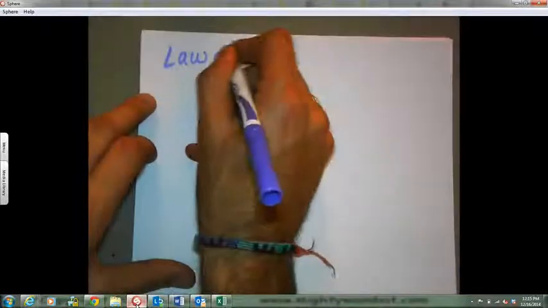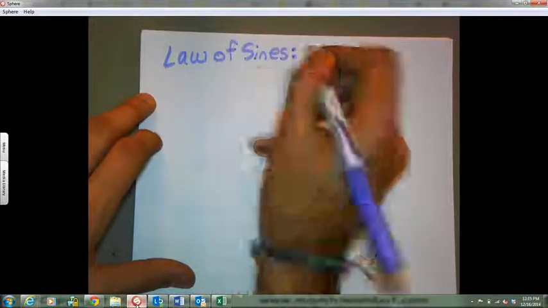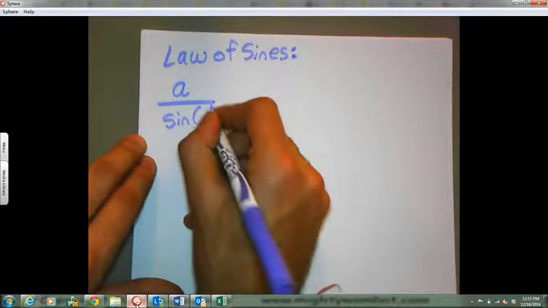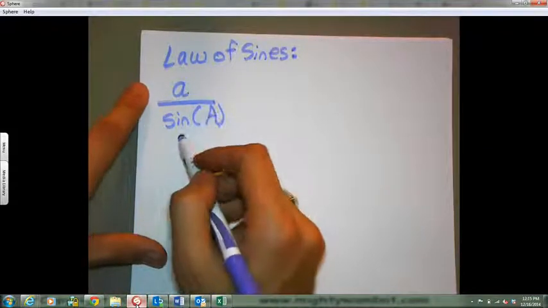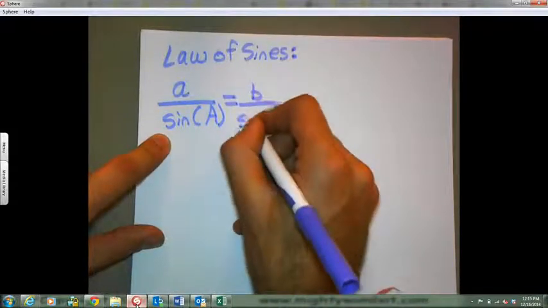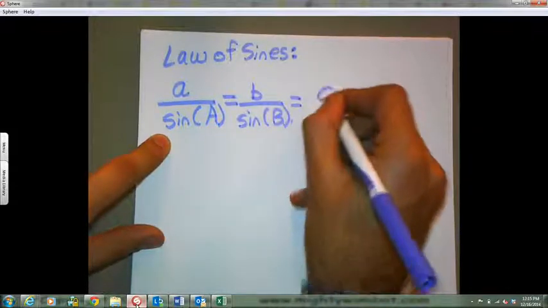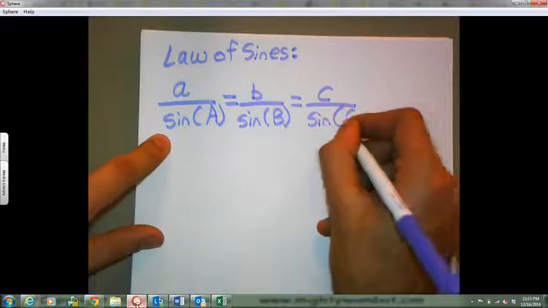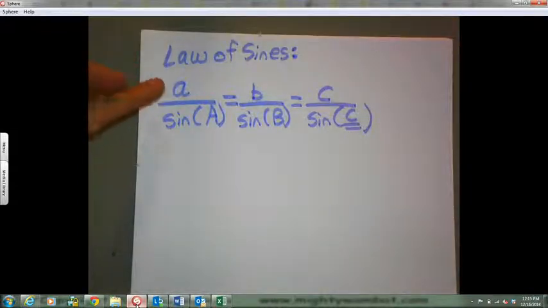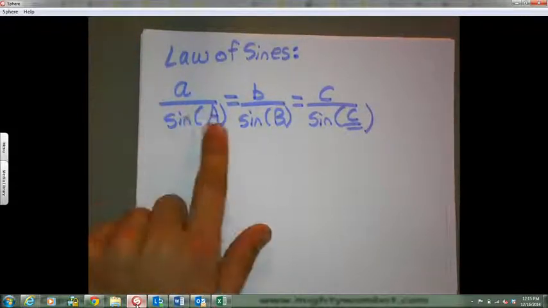Law of sines says side A divided by sine of angle A equals B divided by sine of B, which equals C divided by sine of C. In other words, the ratio of side length divided by sine of the corresponding angle is equal for all side-angle pairs. That's what we're saying.